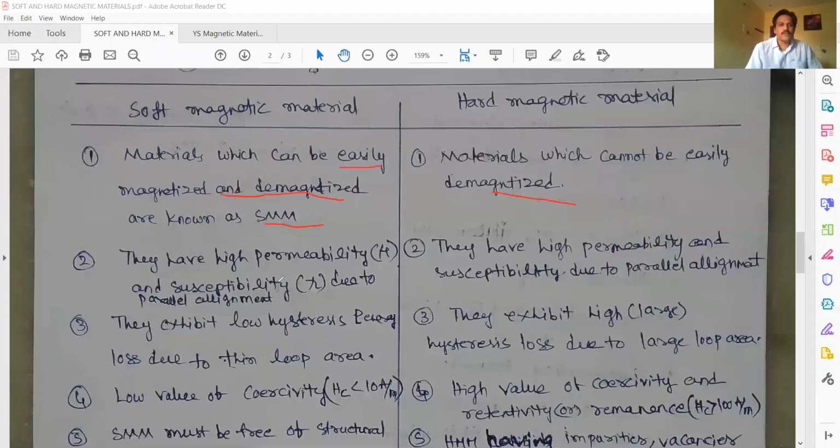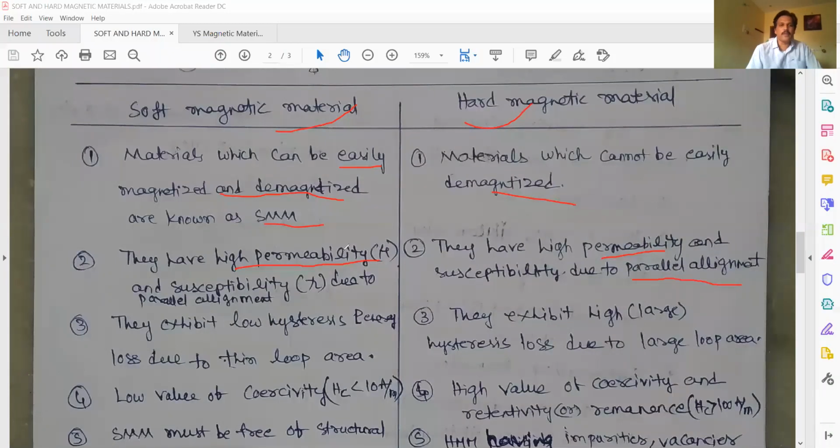That's the first difference. The second difference is permeability. Permeability and susceptibility are very high for these materials, whether soft or hard magnetic materials. Why? Due to the parallel alignment of dipoles in the materials. Both soft as well as hard magnetic materials show higher permeability for small fields.